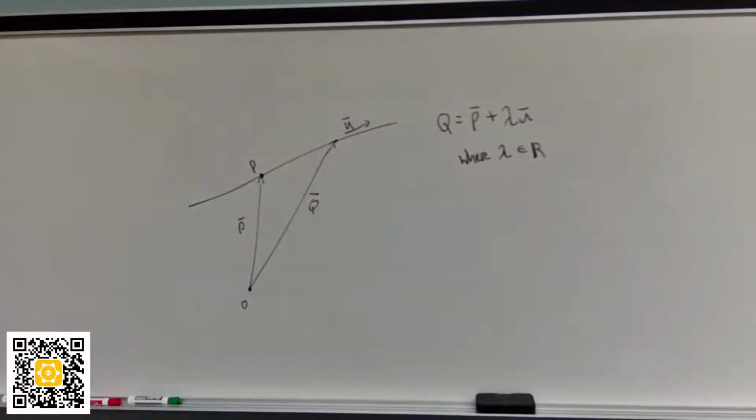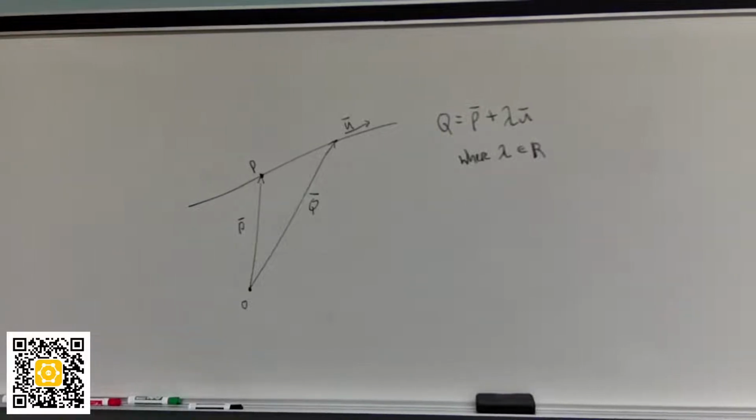So essentially, you're transforming the vector P to be different vectors, right? To represent all the points on the line. Exactly. Using lambda in order to transform.